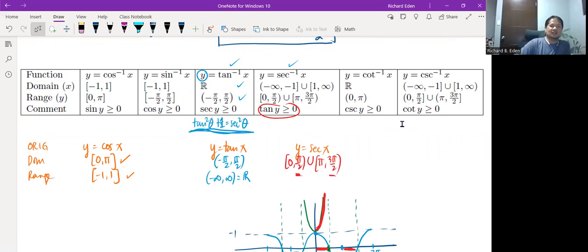When is cotangent positive? Well, cotangent is the reciprocal of tangent, so it has the same sign as tangent. Tangent is positive in the first quadrant and, wait lang, saan pa? Sige. Where are tangent and cotangent positive?